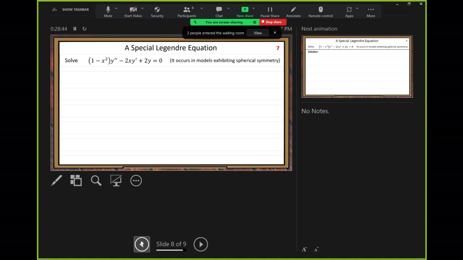It occurs in models exhibiting physical symmetry. So the background is physics. It's an important equation in physics. Physical symmetry, spherical symmetry.